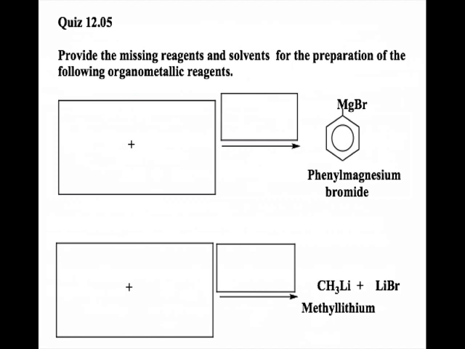How do I know I need methyl bromide? Why can't I use methyl iodide here? It is very reactive. That's true. But how do I know in this problem I can't use methyl iodide? Looking at the products, the lithium salt was lithium bromide, right? So that's how I know. Would it have worked to make the methyl lithium? Absolutely. But that's not what the problem asks.